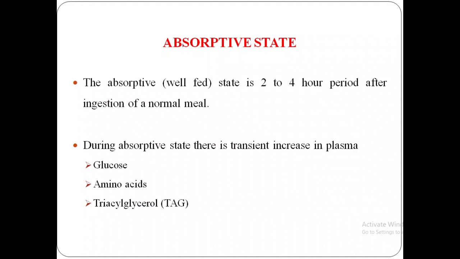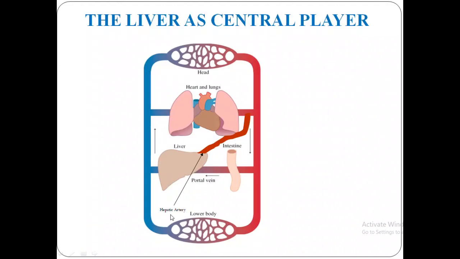The purpose of the absorptive state is to store energy so that it can be used later. Typically, the absorptive state is a 2 to 4 hour period after ingestion of a normal meal. So during the absorptive state, there is a transient increase in the plasma levels of glucose, amino acids, and triacylglycerol.